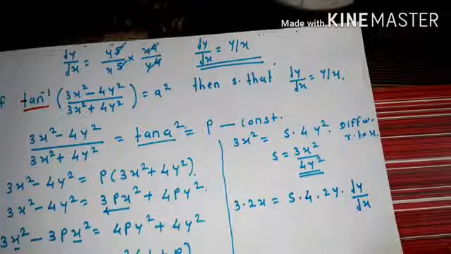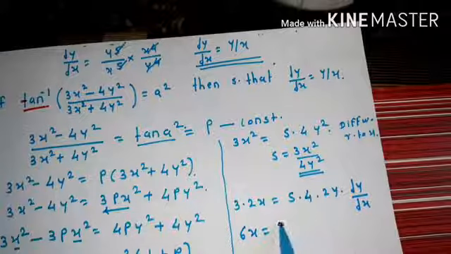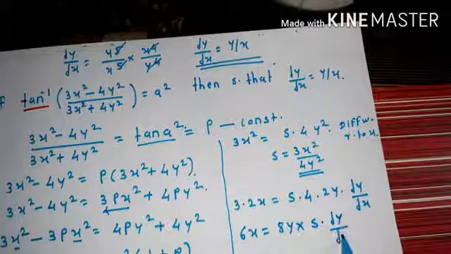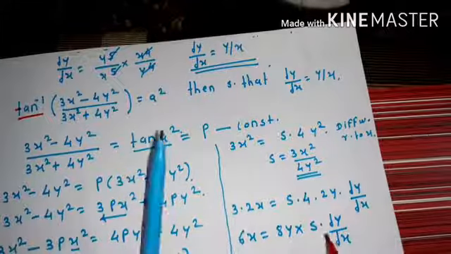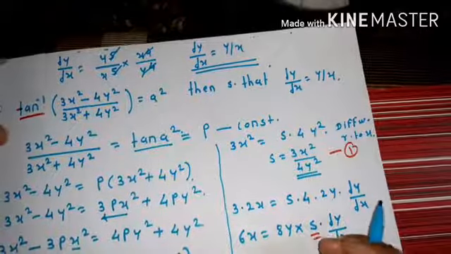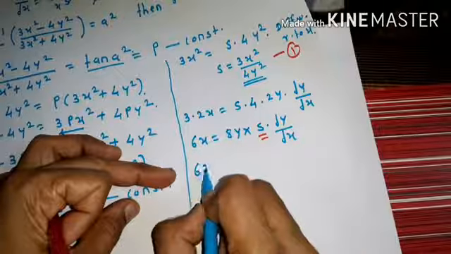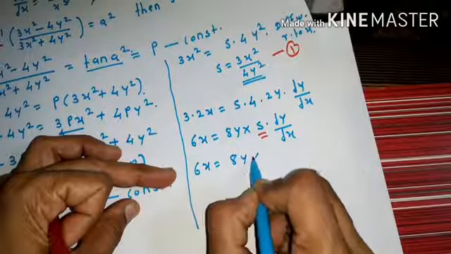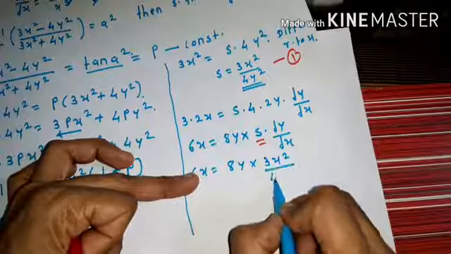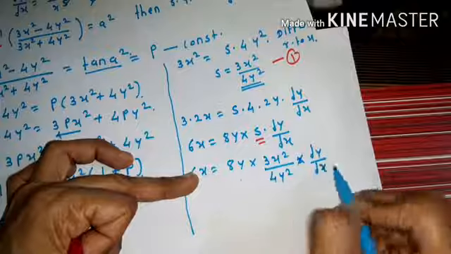So this is 6x equal to 8y into s dy by dx. Now put the value of s. Students, we have to put the value from 1. So 6x equal to 8y into 3x² upon 4y² into dy by dx.